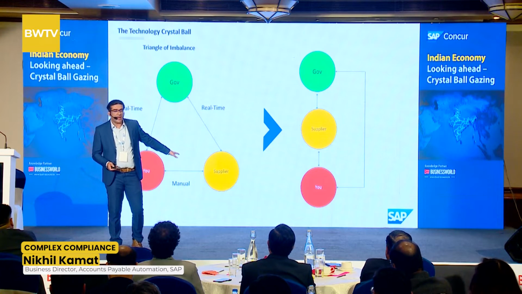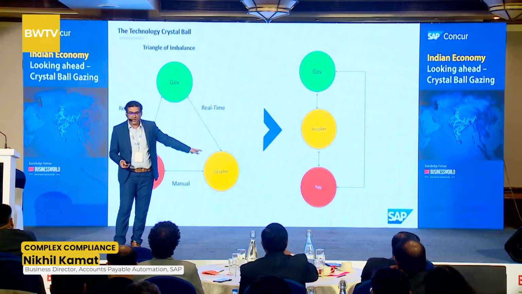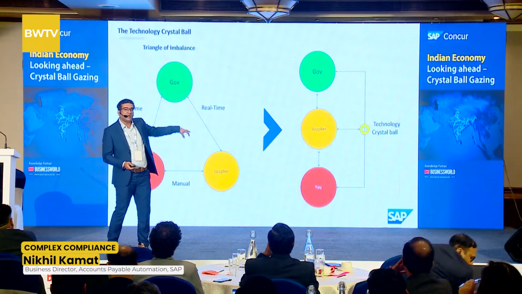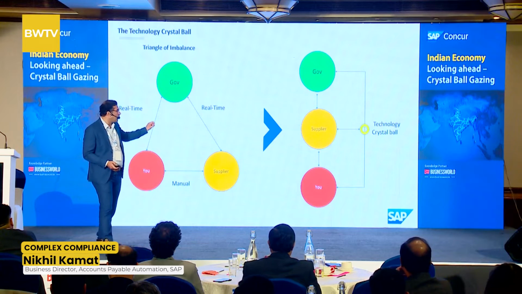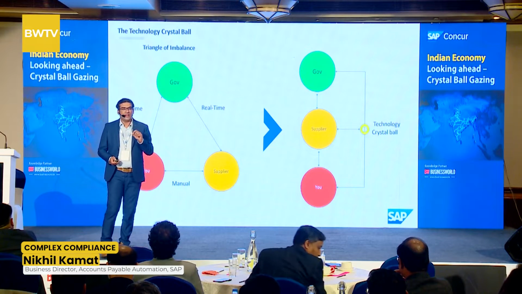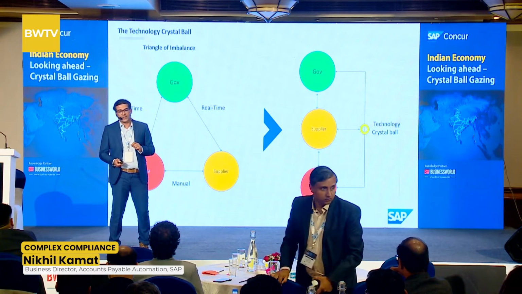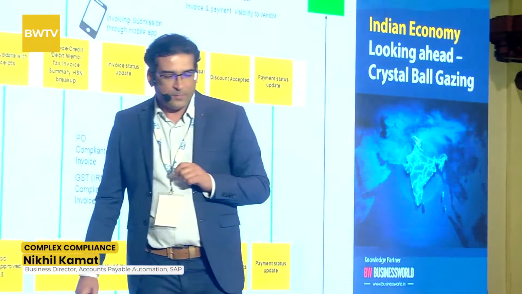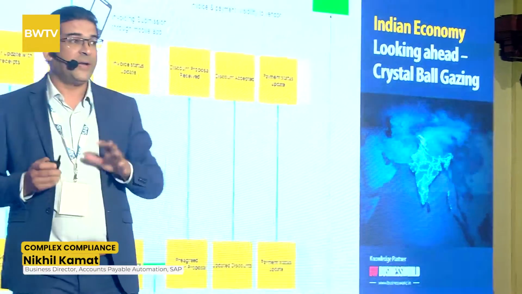What's happening is everyone is communicating separately with each one of them. Where we want to fit is all three merge into one place, right? This is what we call the technology crystal ball. We want that to happen, and that is enabled through technology, and this is what we are going to look at: how that gets enabled. Now, this is a process view of how that gets enabled.